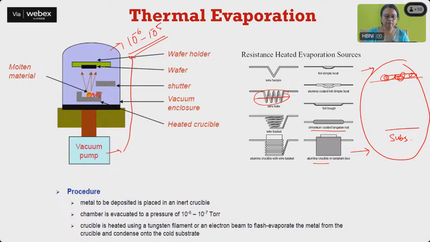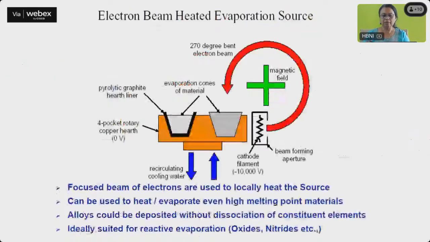And why have we gone from thermal evaporation to electron beam evaporation? Because for many materials we cannot just pass a current and heat them. They can have a very high melting point. To reach that kind of temperature, we use a beam of electrons, because a beam of electrons can have very high energy.